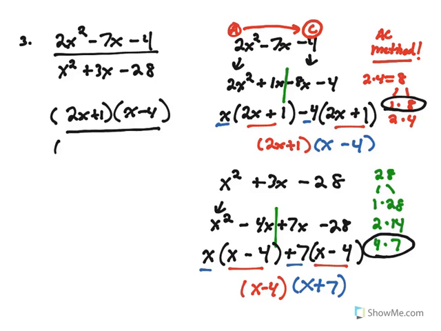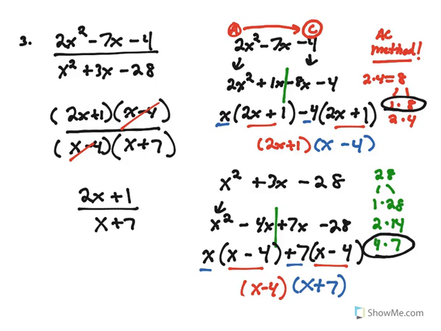So I'm going to replace my denominator with x minus 4 and x plus 7. Now what terms cancel? You notice that the x minus 4's cancel. Now you're just left with 2x plus 1 over x plus 7. And that would be my answer for that.